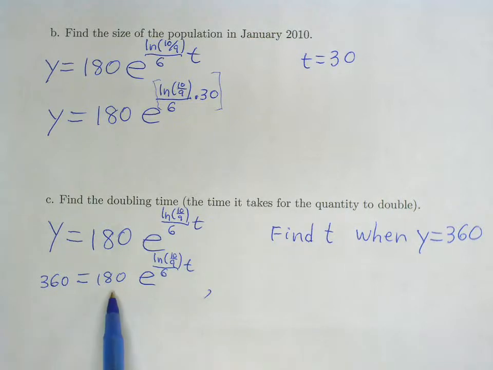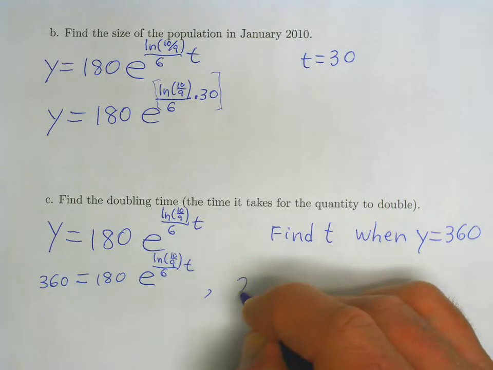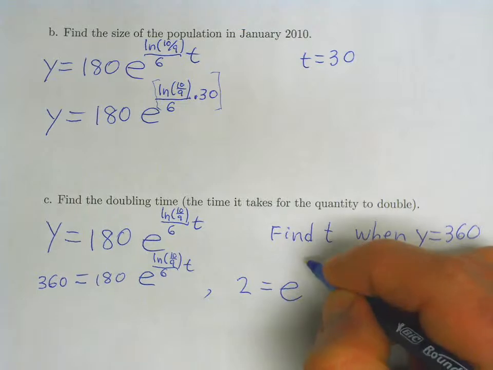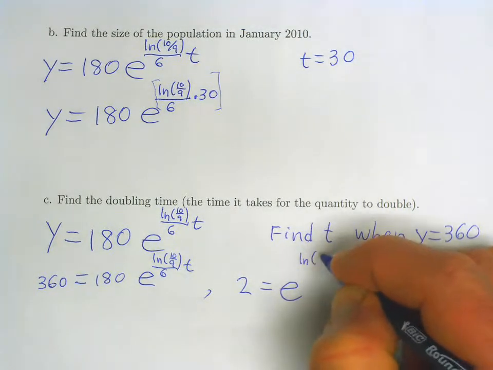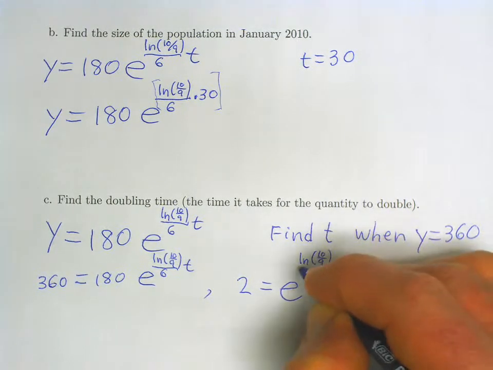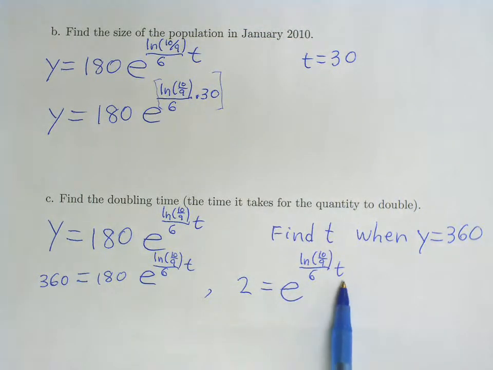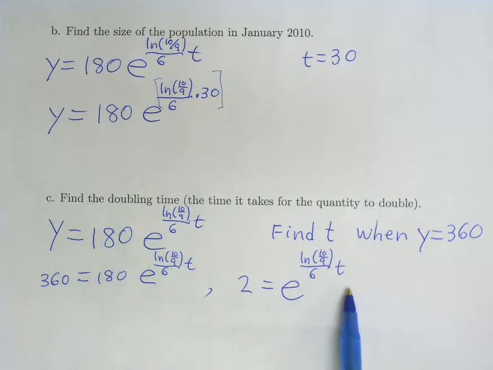Then divide both sides by 180. 360 divided by 180 is just 2, so we get 2 equals e to the exponent natural log of 10/9 over 6t. We want to solve for t, but t is in the exponent, so we take the natural log of both sides.